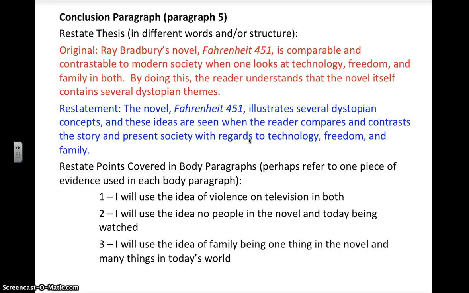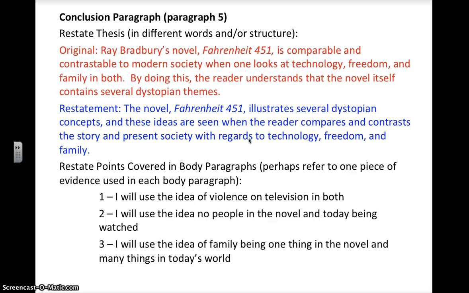And then in my next sentence, the idea of family being one thing in the novel, but it's many things in today's society, so that there's conformity in the novel, but not so much family conformity in our world today, that we have far more diversity. Those are the things I would talk about.